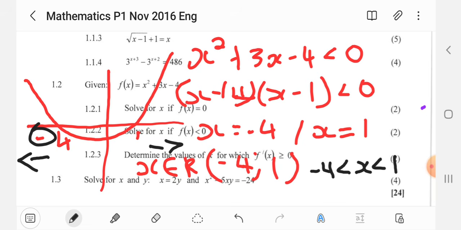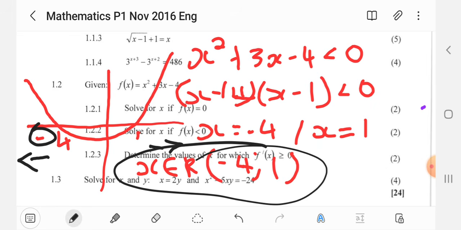That's where f at x is less than 0. If you understand this one, use it. If you don't, use this one. Easy busy works all the time.